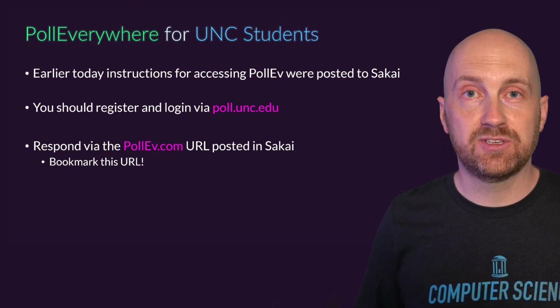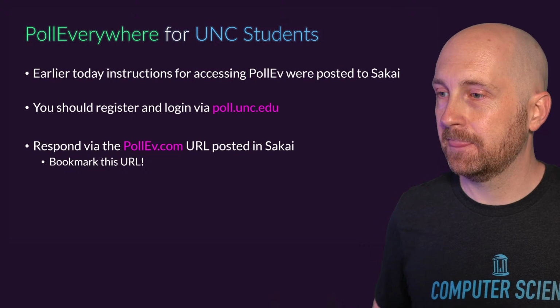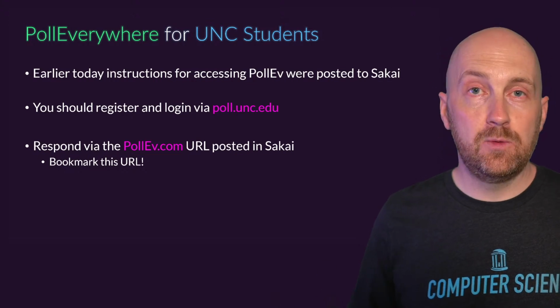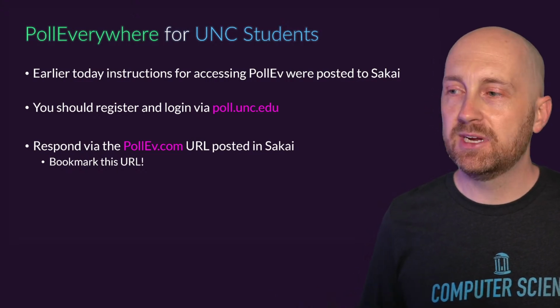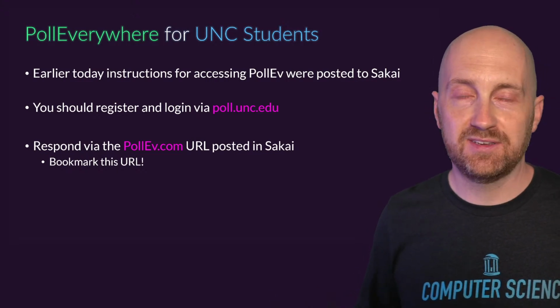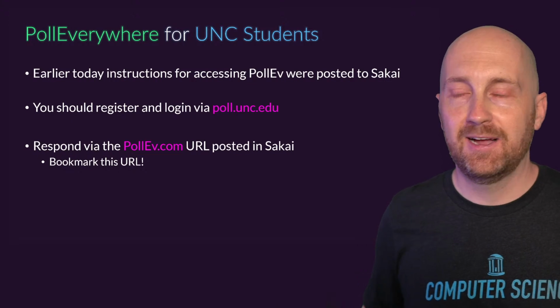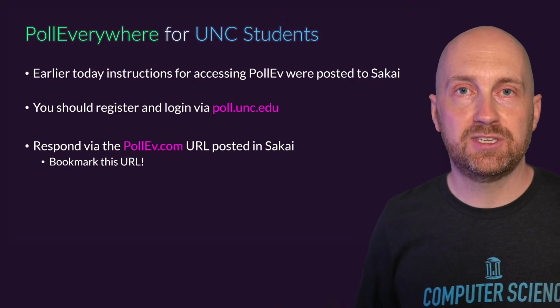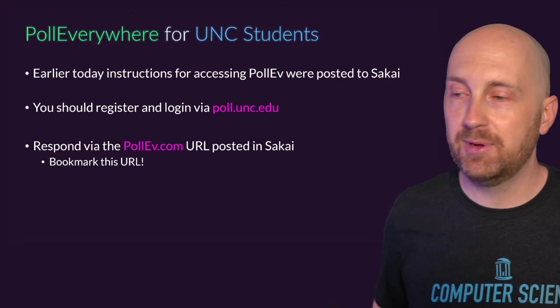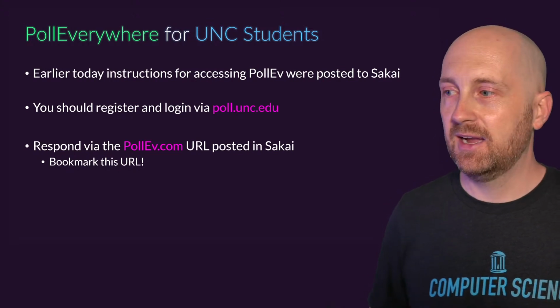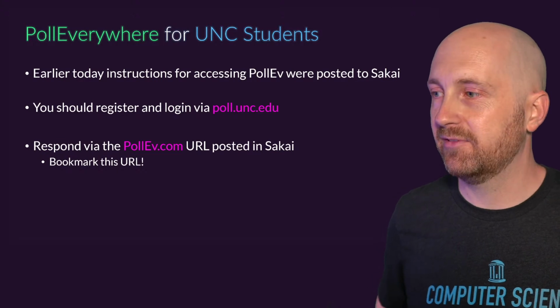I'll come back to the results of that poll shortly. This is a URL we'll be using throughout the semester, and I'm not posting the full URL here because this is just for UNC students, and since we're streaming live on YouTube, I want to keep Poll Everywhere's responses to registered UNC students only. But go ahead and bookmark that. You'll be coming back to it frequently this semester, and this is where we'll collect feedback from everybody.